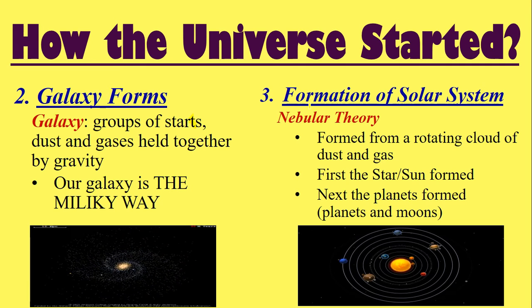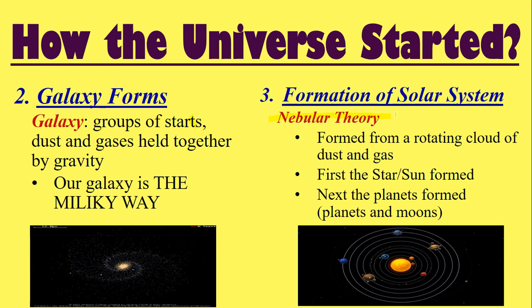After the galaxies formed, inside of each galaxy, solar systems started forming, and it's called the nebula theory as of how this worked. It's formed from a rotating cloud of dust and gases. The first thing that forms is the star of the solar system, and for us, we call it the sun. So the sun formed.